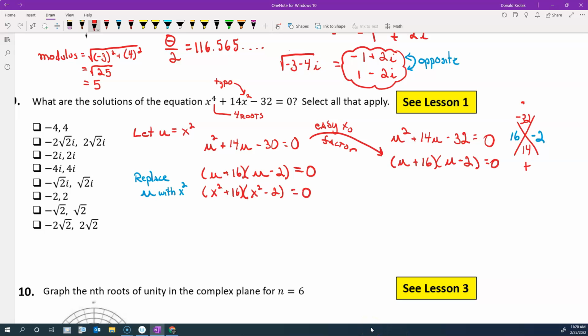Okay, now on the side of the room, guys, we have these two factor formulas over by the door. And one of those factoring patterns was a squared minus b squared. That's called the difference of two squares. And that factors into this.